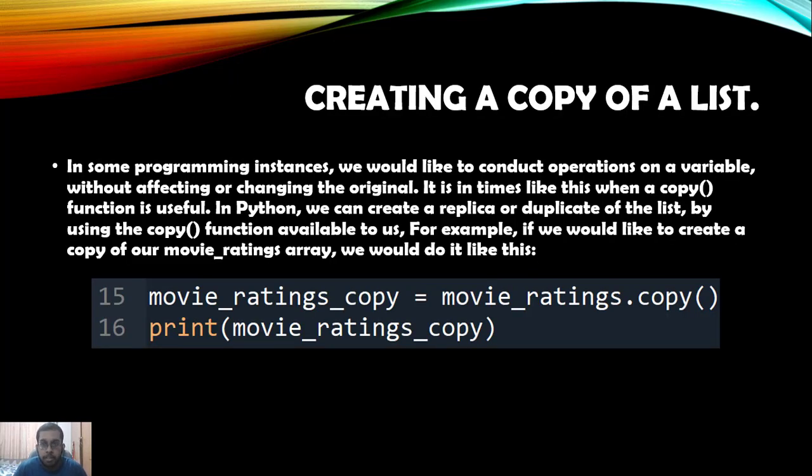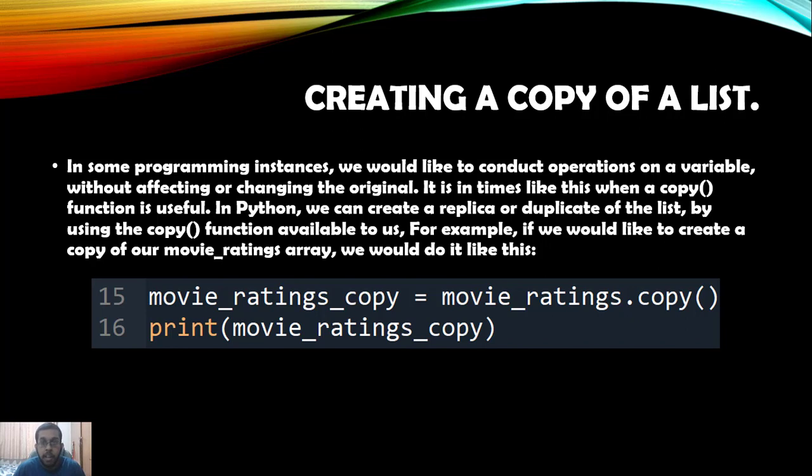Creating a copy of a list. In some programming instances, we would like to conduct experiments on a variable without affecting or changing the original. It is in times like this when a copy function is useful. In Python, we can create a replica or duplicate of the list by using the copy function available to us.